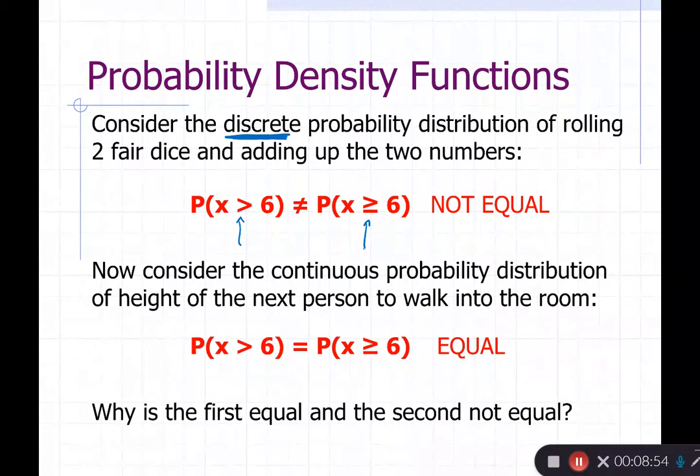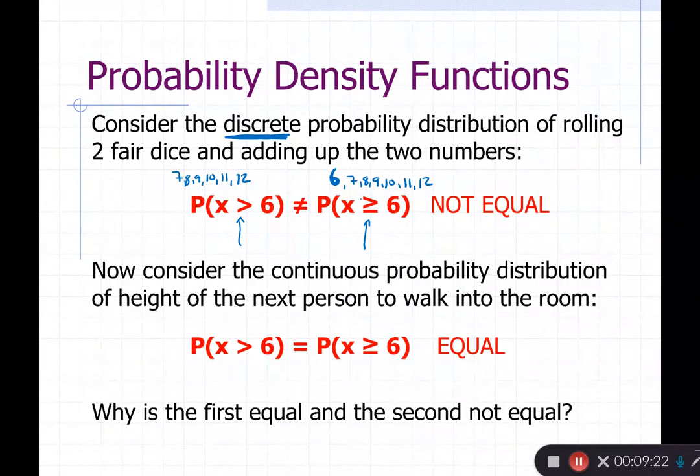So a sum greater than 6 means 7, 8, 9, 10, 11, or 12. But a sum greater than or equal to 6 also includes the 6. So 6, 7, 8, 9, 10, 11, or 12. So in one case you have the 6, in the other case you don't.